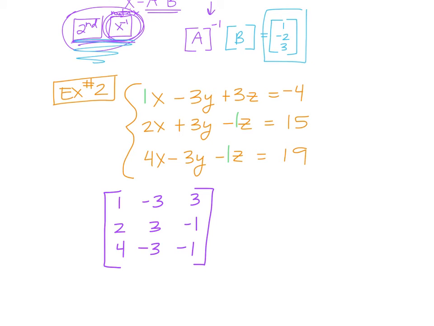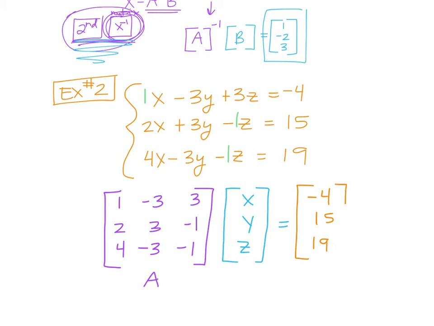Okay, remember that's our coefficient matrix, that's our A. Then we do our variable matrix, and in this one we have x, y, and z that we're working with. And we set that equal to our constant matrix, which is -4, 15, and 19. Okay, so this is our x, and this is our b.